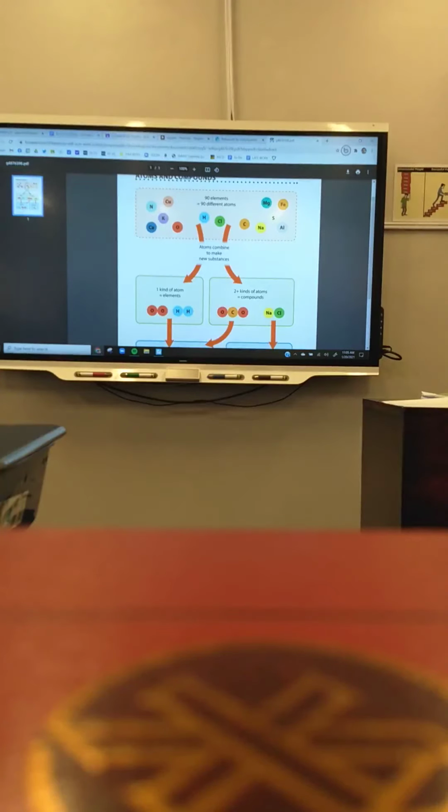What is Ar? It's argon. If 4 hydrogens and 2 oxygens go together, would that still be water? It would just be more water.